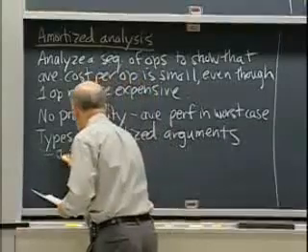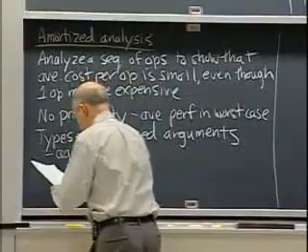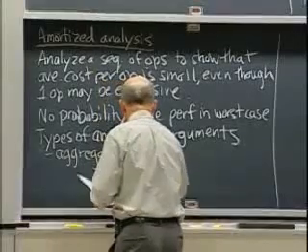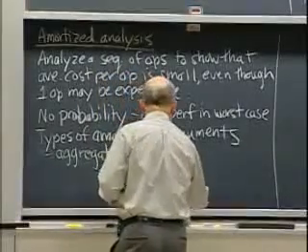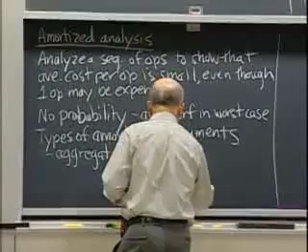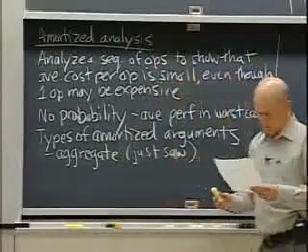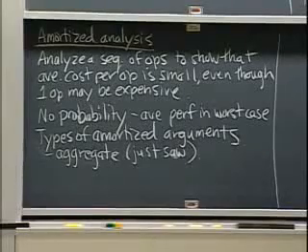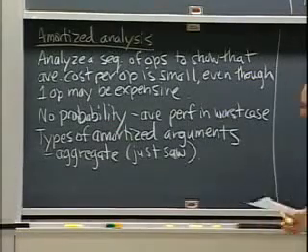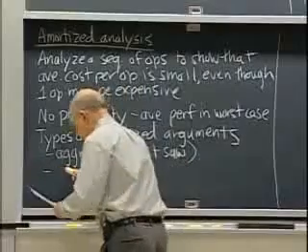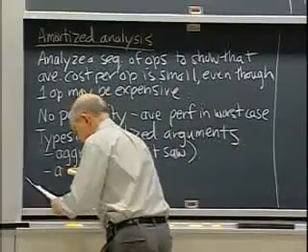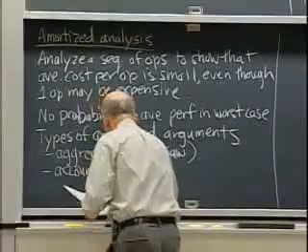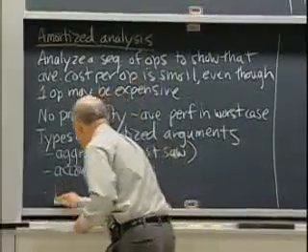The first one is what's called an aggregate analysis, and this is what we just saw, where basically you just analyze what the n operations take. And then we're going to see 2 more today. One is called an accounting argument, and the other is a potential argument.